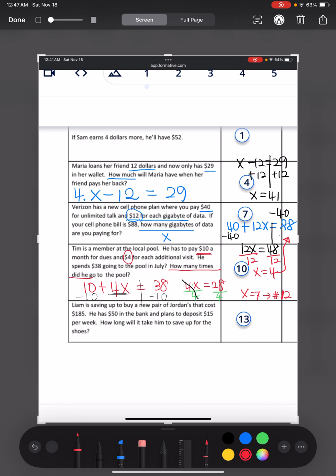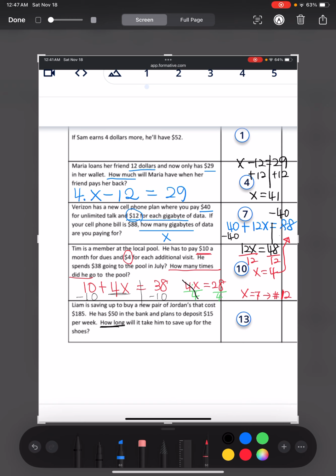Last but not least, number 13, I'm writing the equation. So how long will it take him to save up for the shoes?